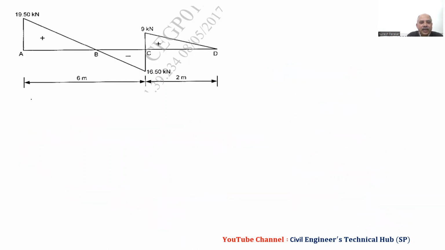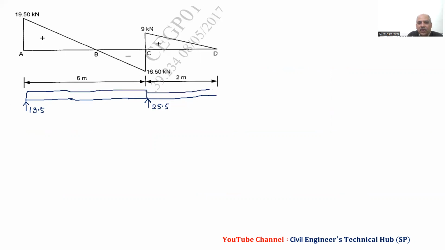Now I will draw the loading diagram over here, and then we will go to the bending moment diagram. So now we have reaction over here 25.5, reaction over here 19.5, and then we have UDL over here 6 kilonewton per meter, and here 4.5 kilonewton per meter. So now write these values.